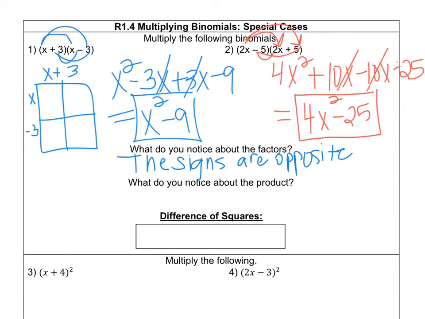Okay, now let's take a look at the product. So the product is actually what I have squared, the x squared minus 9, and then the 4x squared minus 25. Well, one thing you should notice is that the middle term is eliminated.